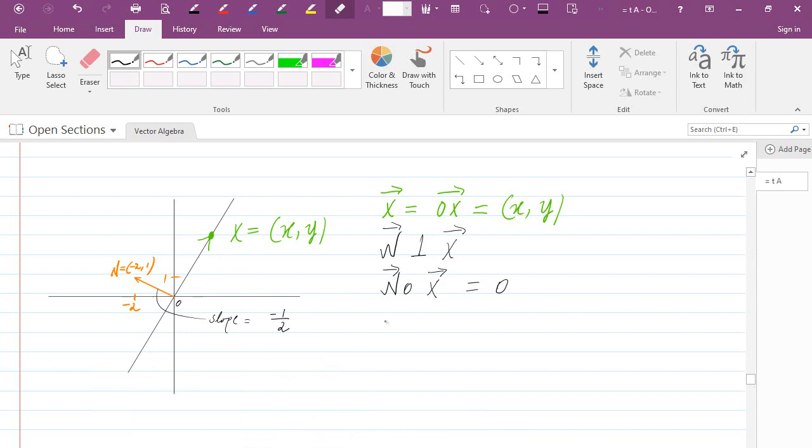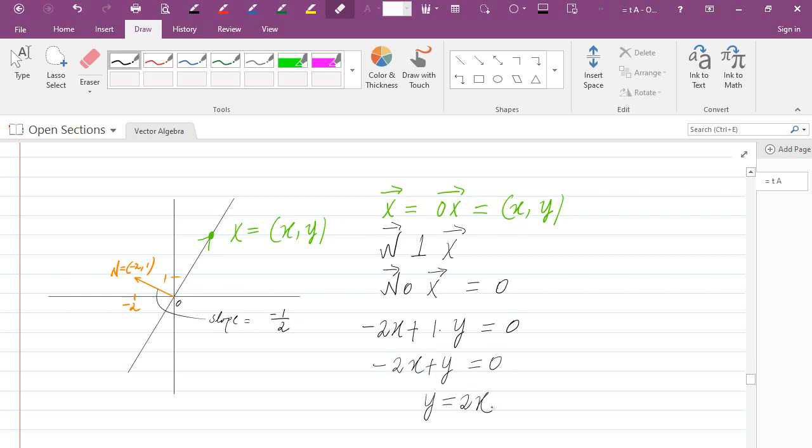So we get negative 2 times x plus 1 times y is equal to 0. So negative 2x plus y is equal to 0, or you can say that y is equal to 2x.